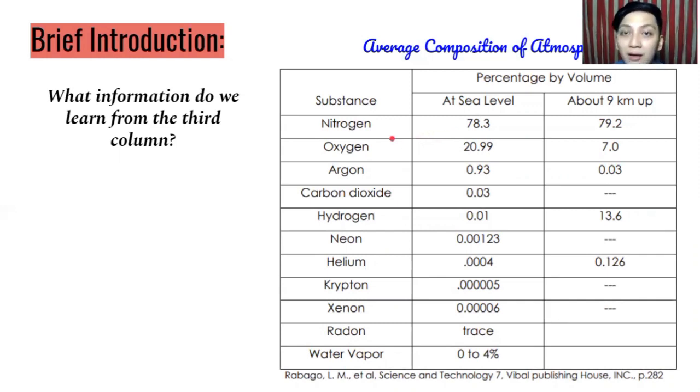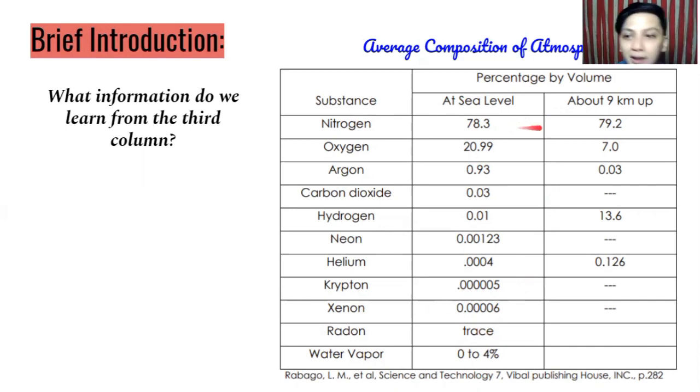Nitrogen, for instance, is 78.3, the most abundant gas in the atmosphere, followed by oxygen, argon, carbon dioxide, hydrogen at 1.01, neon at 0.00123, then helium at 0.004, and so on. Sometimes radon can be traced at sea level.